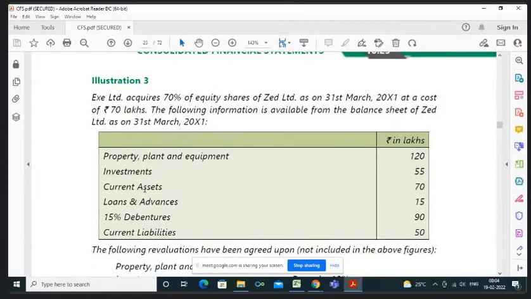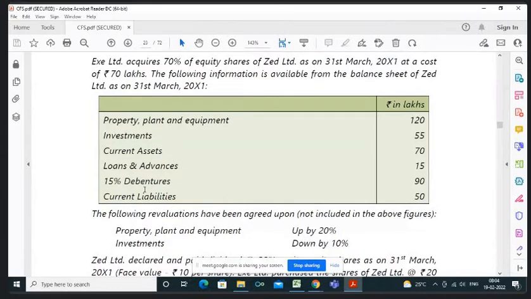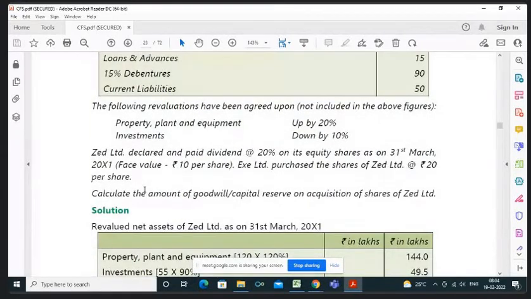Loans and advances 15 lakhs. 15% debentures 90 lakhs. Current liabilities 50 lakhs. The following revaluations have been agreed upon but not included in the above figures. Property, plant and equipment up by 20%. Investments down by 10%.